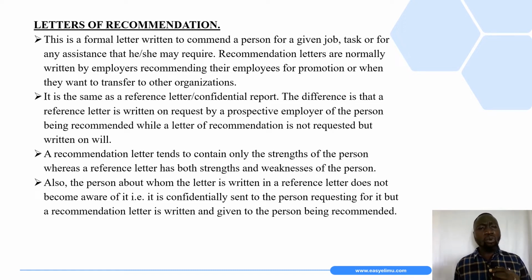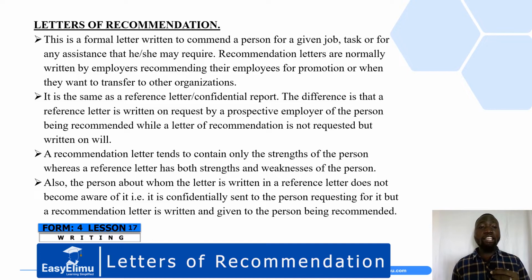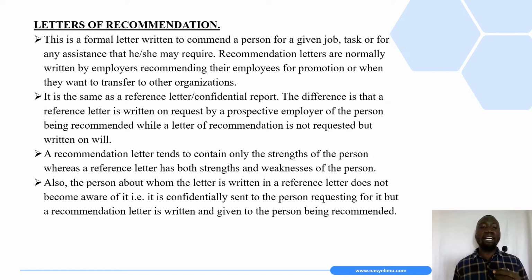When we talk about letters of recommendation, dear students, this is a formal letter written to recommend a person for a given job, a task, or for any assistance that he or she may acquire. Recommendation letters are normally written by employers recommending their employees for promotion or when they want to transfer to other organizations.